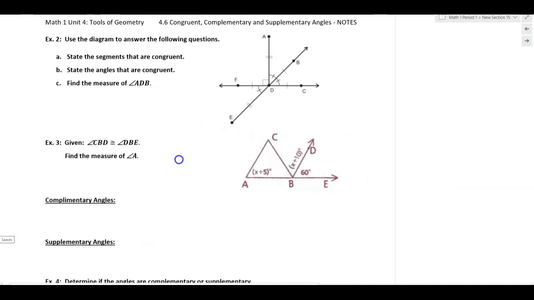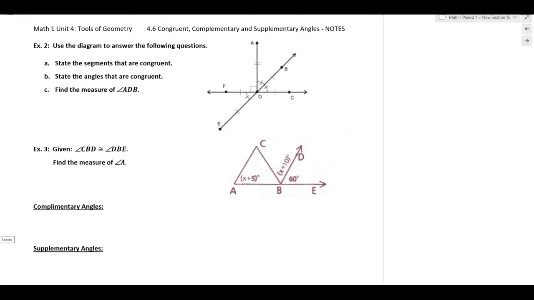Now, if we were given the following diagram, can we state the segments that are congruent? Well, I'm looking for the marking. One tick mark, one tick mark, one tick mark. I can say that these segments are congruent. So I could say FD is congruent to CD, which is congruent to BD.